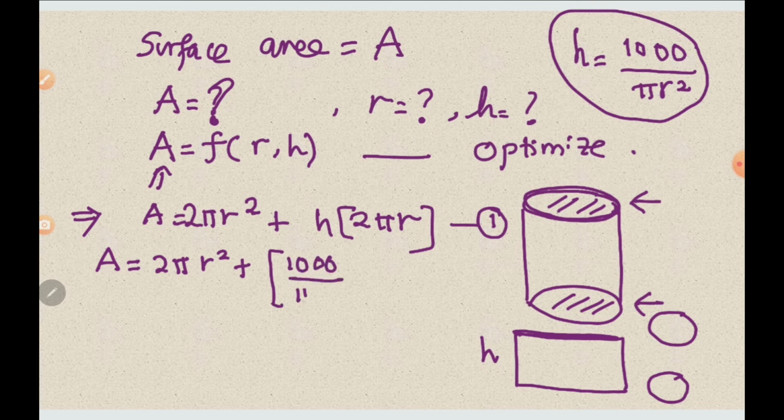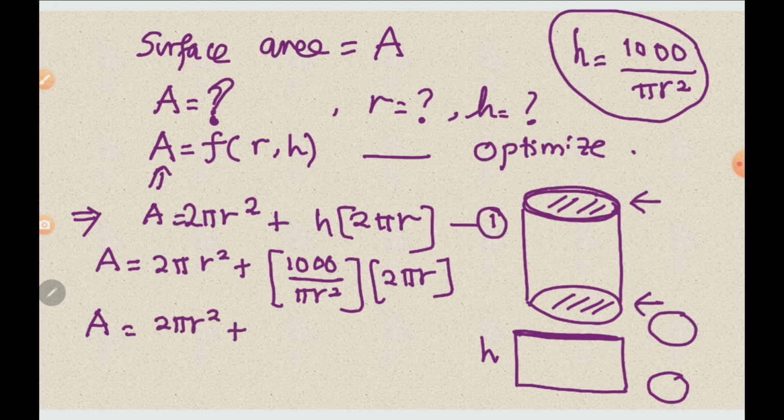Therefore A, the surface area, is equal to 2 pi r squared plus, I will substitute h with 1000 over pi r squared, multiplied by 2 pi r. We simplify to get A is equal to 2 pi r squared plus, pi cancels with pi, 1000 times 2 you get 2000, r over r squared, you divide 2000 by r.